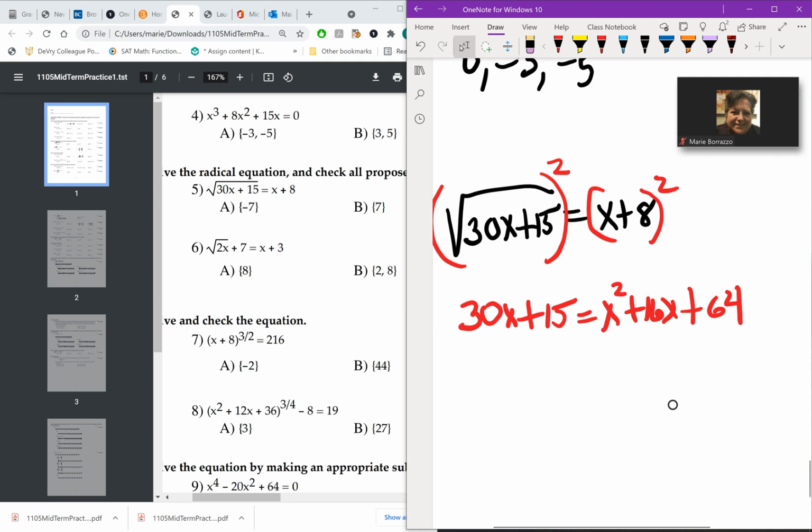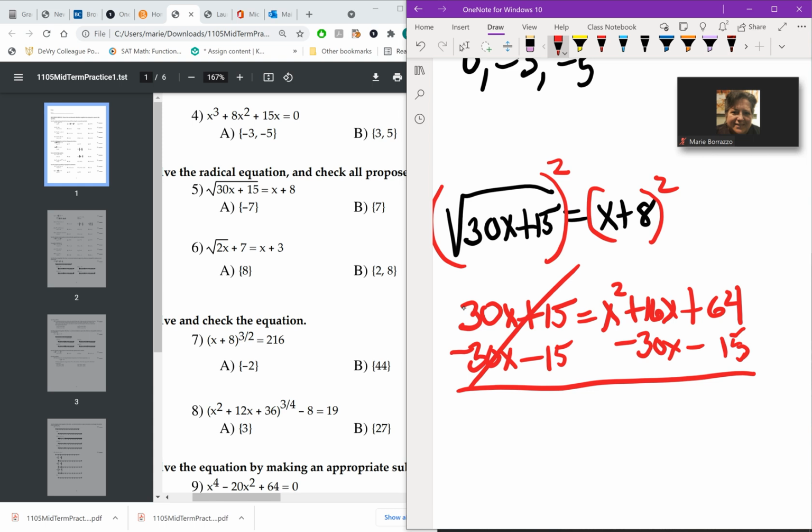Now, what you want to do is subtract the 30x and the 15 and move it to the right-hand side. All right, and so all this cancels. And now you're left with x squared minus 14x plus 49.